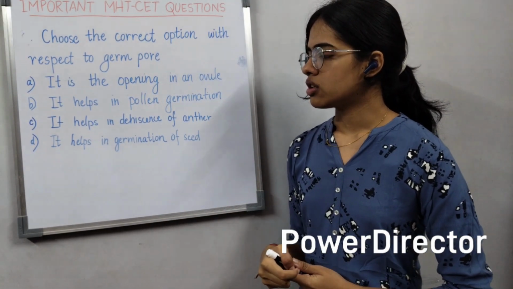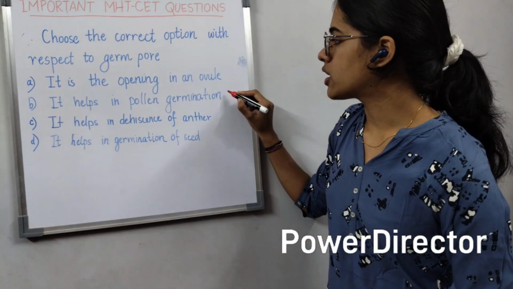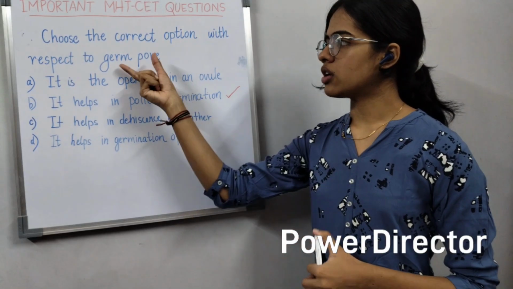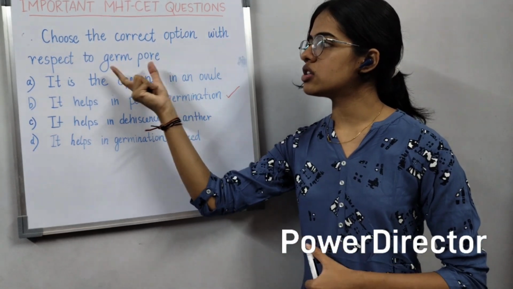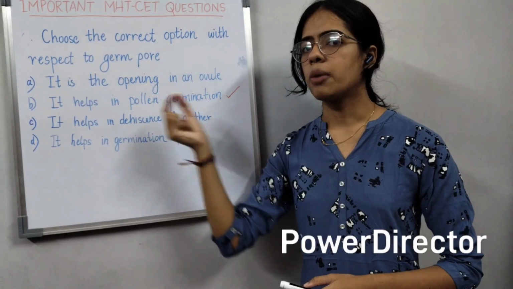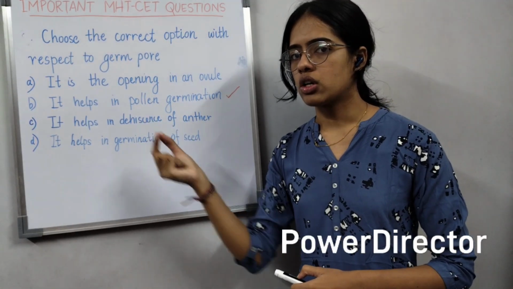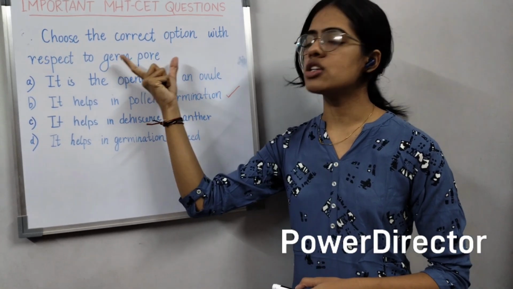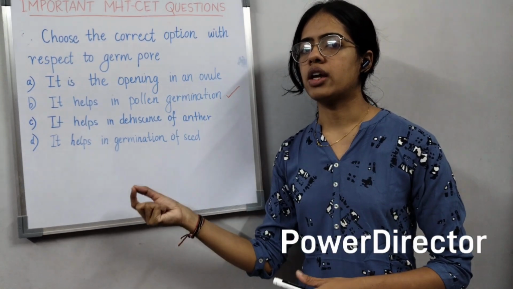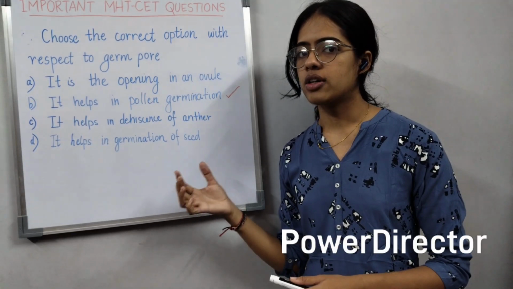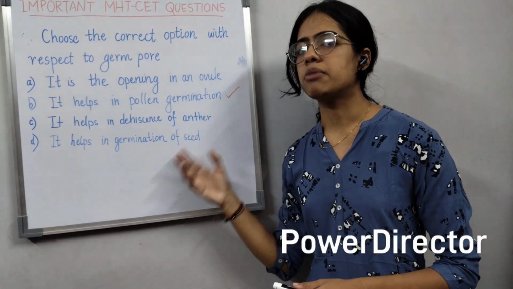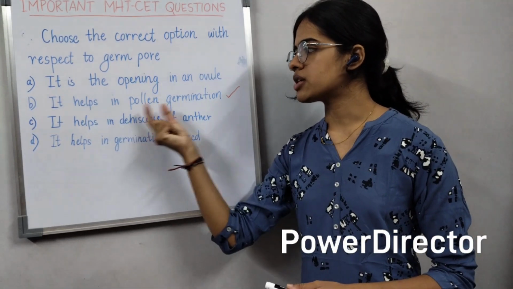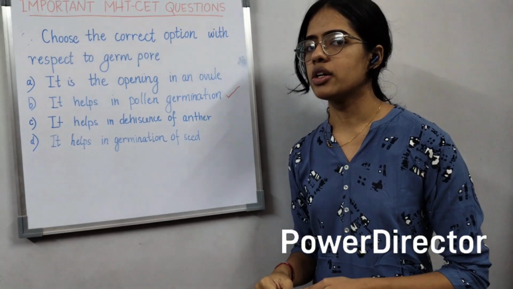The correct option is, it helps in pollen germination. The word germ pore itself means a pore or an opening. It is an opening in a mature pollen grain, and it develops after microsporogenesis and the complete maturation and development of a pollen grain. So it helps in pollen germination.